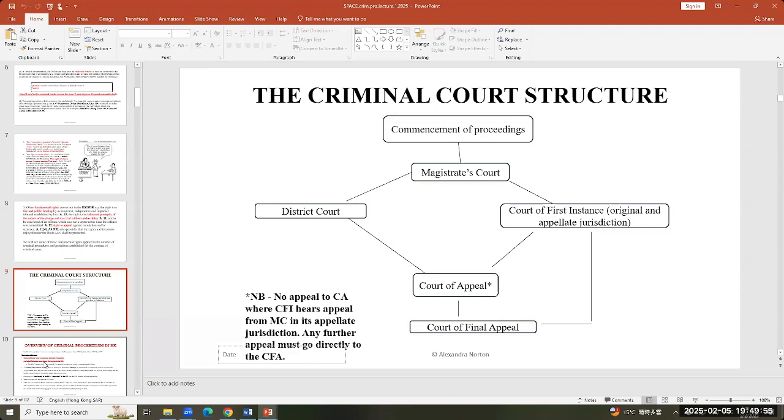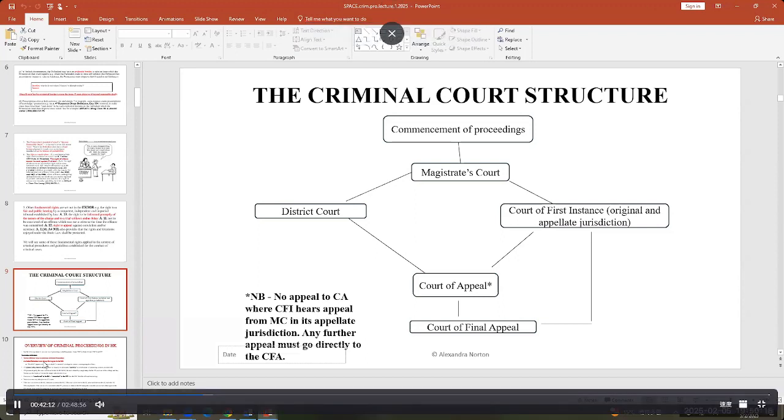But actually, the Court of First Instance has two jurisdictions. It can be a court of original jurisdiction because it can be where the trial is heard, but it also has an appellate function because the Court of First Instance can also hear appeals from the magistrate's court, and that's when it sits in its appellate jurisdiction.